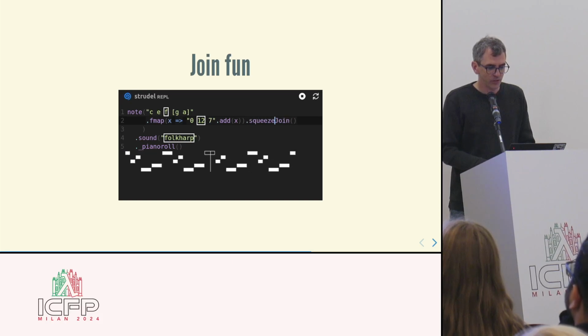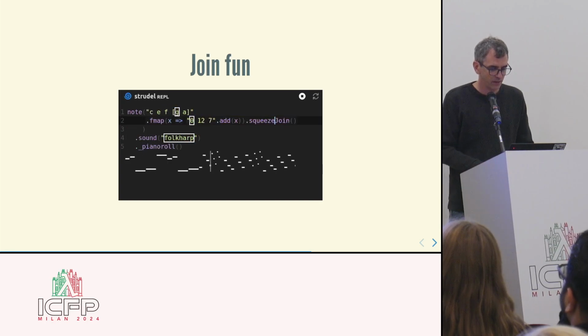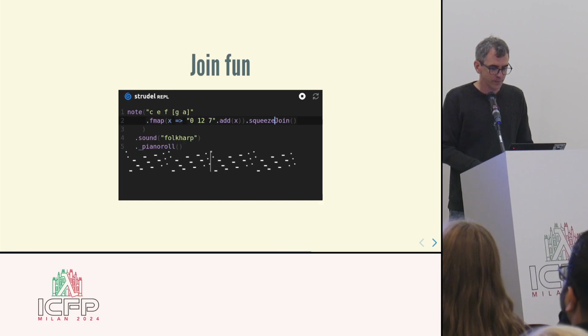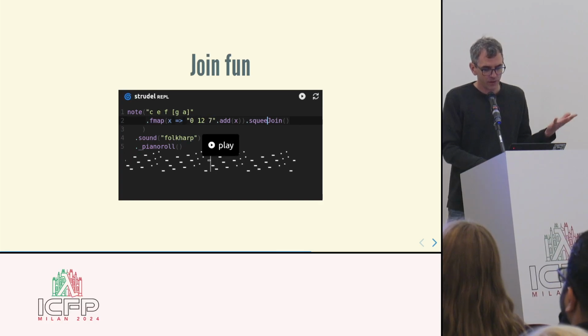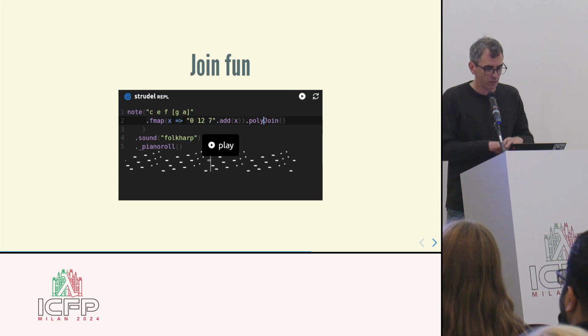Or a squeeze join to squeeze the structure of the inner pattern into the outer one. But now I know the tactus of the patterns, I can do something like a polymetric join, where the steps are matched up over time.